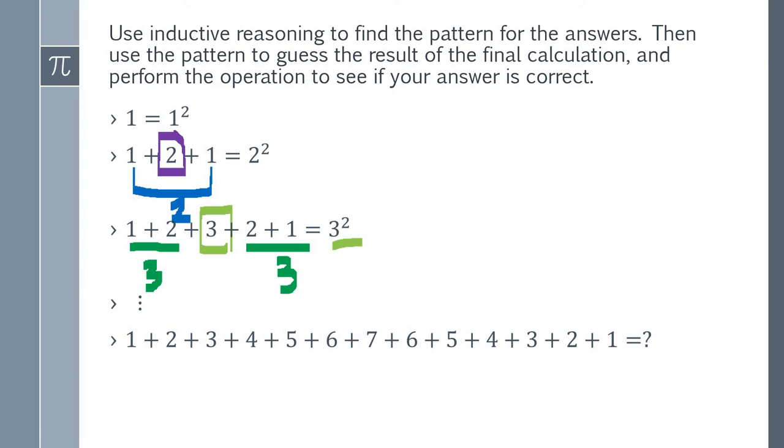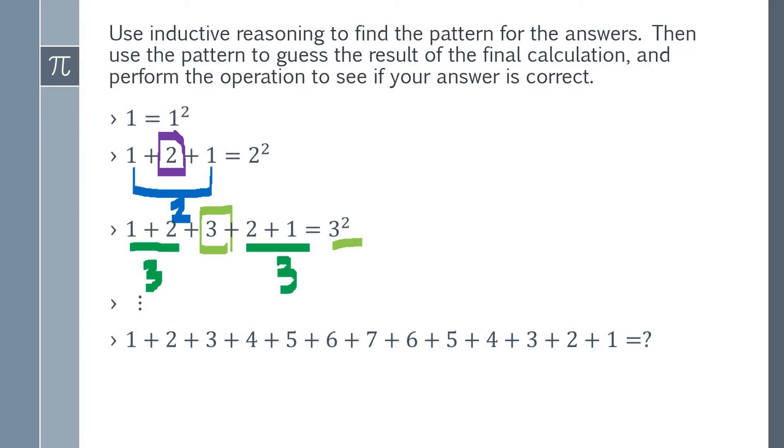So let's try to see how many 3's we have. We count 1, 2, and 3. So there are 3 3's, and that gives us 3 squared. So 3 plus 3 plus 3, or 3 squared, is the same.